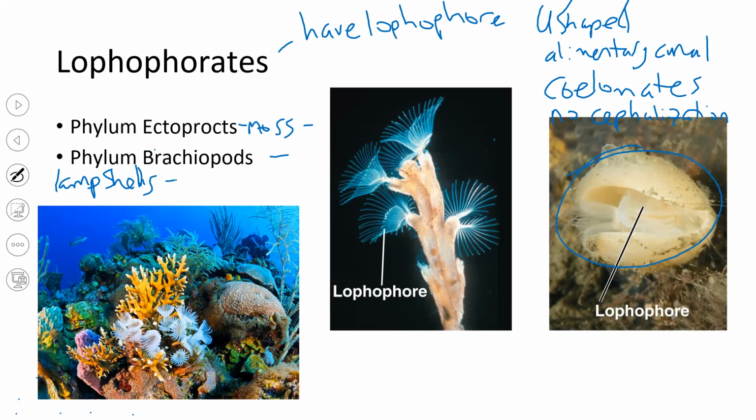They have two shells just like a clam that are hinged to open and close like a clam, but the orientation is different. Their shells are dorsal-ventral, so up and down. A clam is lateral, side to side.